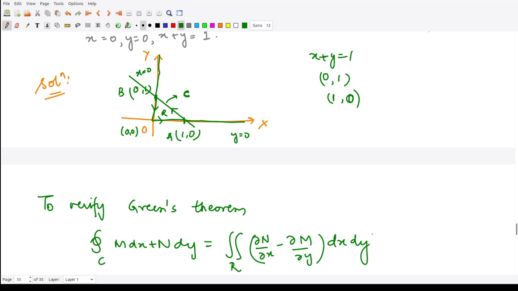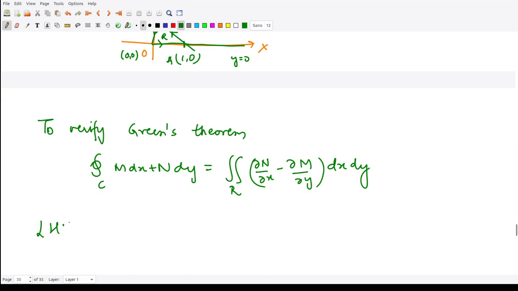So let's solve the left hand side first. For the left hand side, we are given the closed curve C of M dx plus N dy.